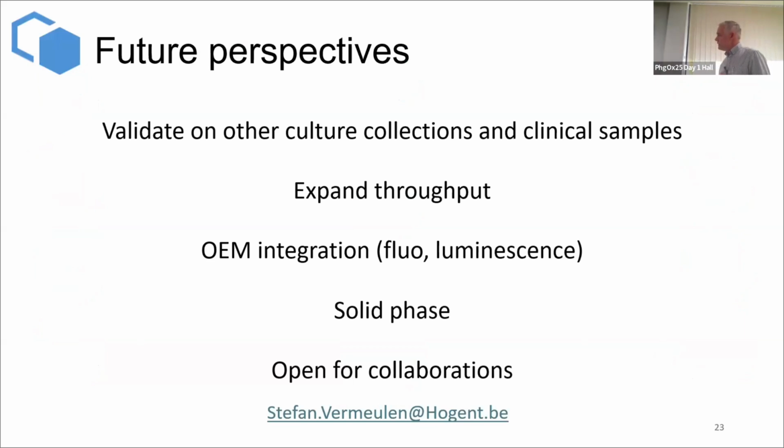Future perspectives are that we want to further validate the machine on relevant clinical samples and relevant clinical bacterial samples and phages. We'd like to expand our throughput with more samples in the same time. We are now looking at OEM integration for fluorescence or luminescence.